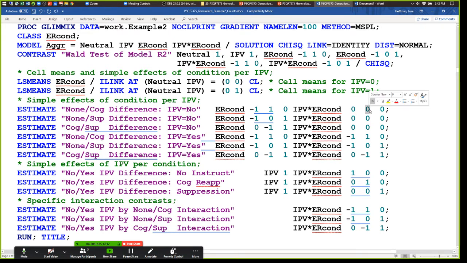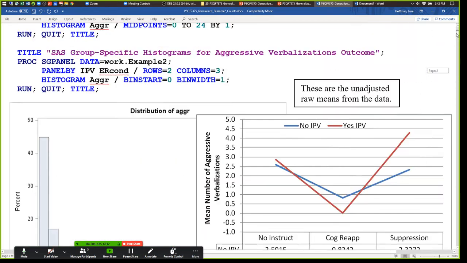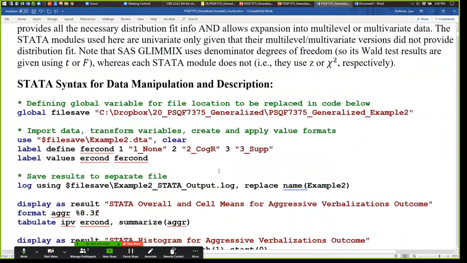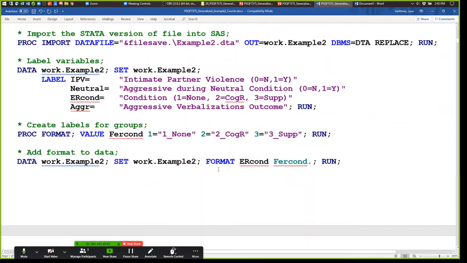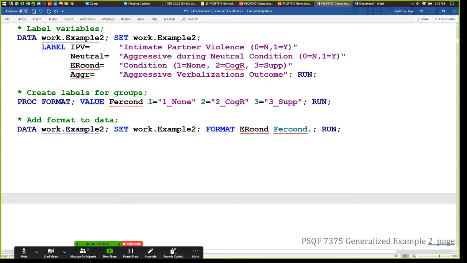This place refers to the second group, and this refers to the third group. And it is either alphabetical or numeric. If you have labels, it switches to alphabetical, which is why when I made my labels, I put the number in front, because otherwise it would rearrange them so that cognitive would be first and none would be second, and I would lose my mind.